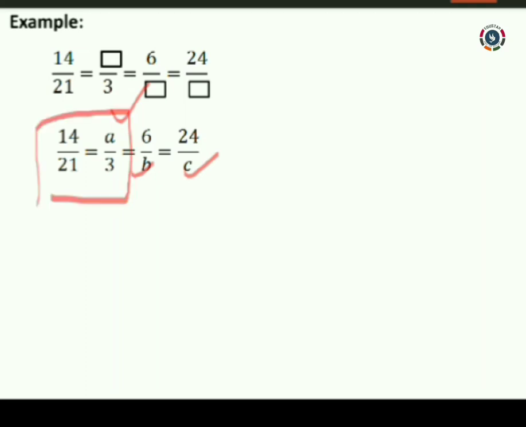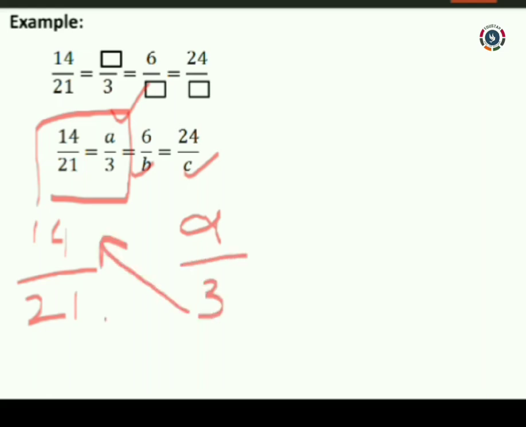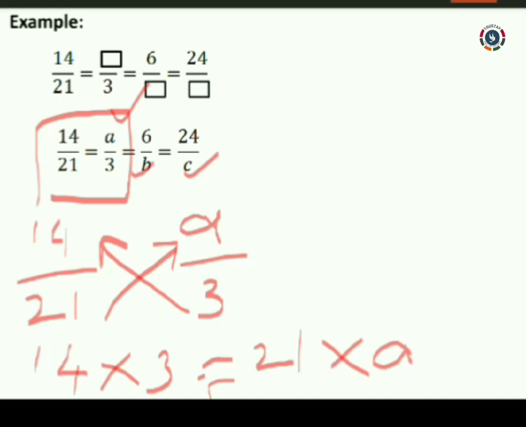For finding the a value, you have to compare 14 divided by 21 and a by 3. Do cross multiplication. So 14 into 3 is equal to 21 into a. Next, 14 into 3 you will get 42. 21 into a is 21a.